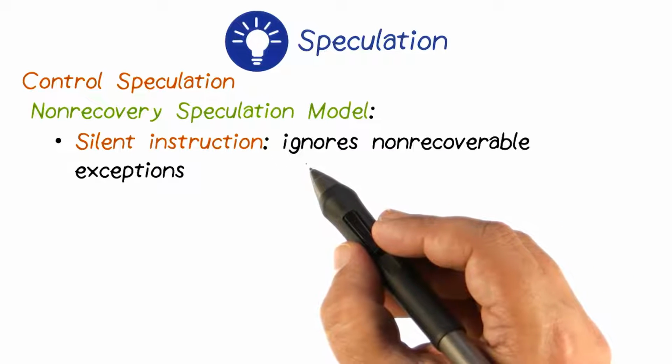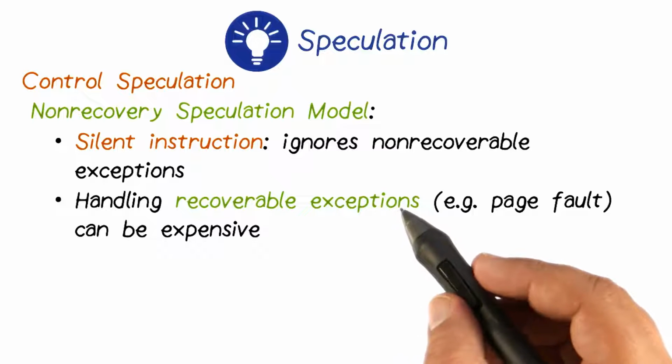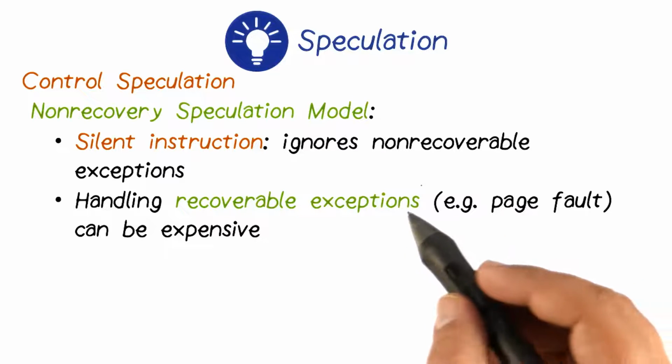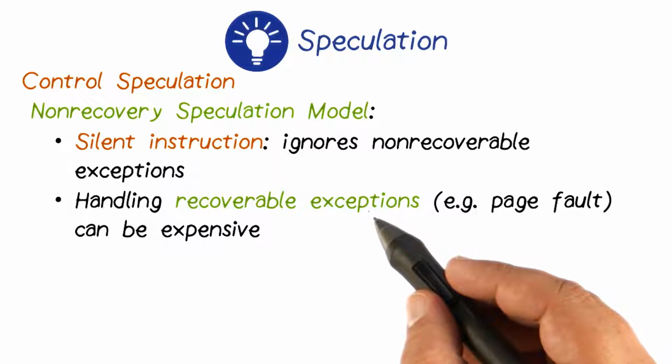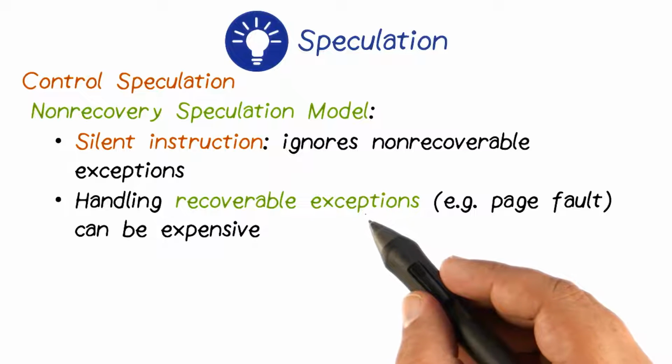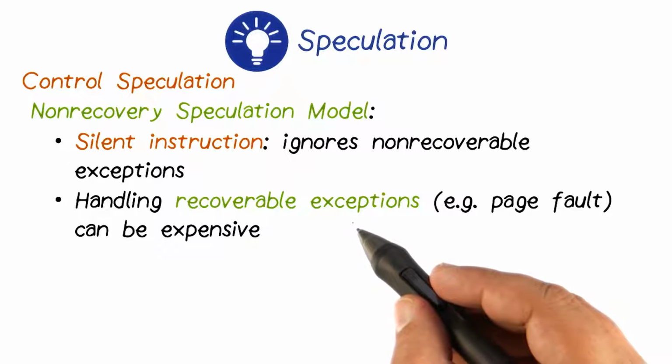If a seg fault occurs during those operations, the load itself is simply cancelled. This model is adopted because recoverable exceptions such as page faults can be expensive, and many times embedded systems especially do not have the necessary hardware complexity to deal with these exceptions.